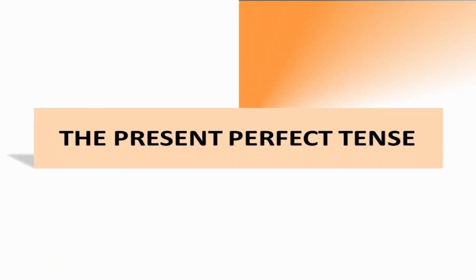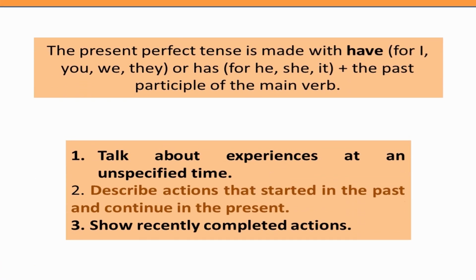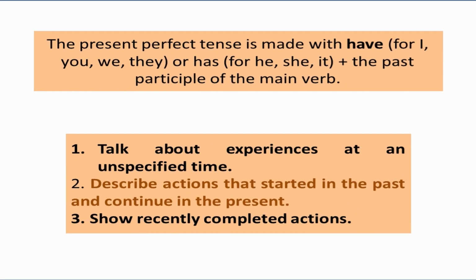We are going to start with the present perfect tense. The present perfect tense is made with have for I have, you have, we have, they have, or has for he, she, it, like he has, she has, it has, plus the past participle of the main verb.